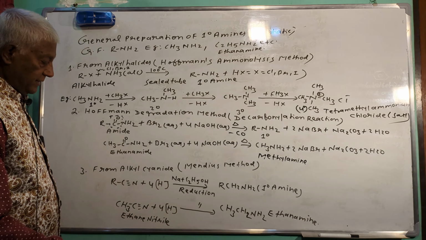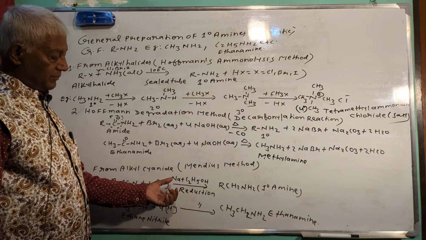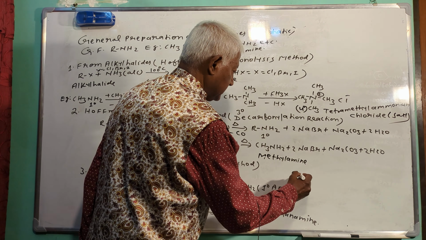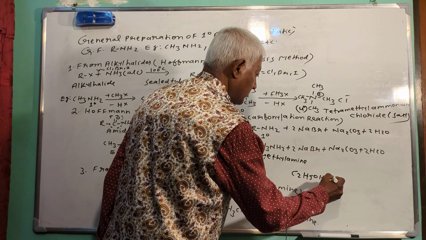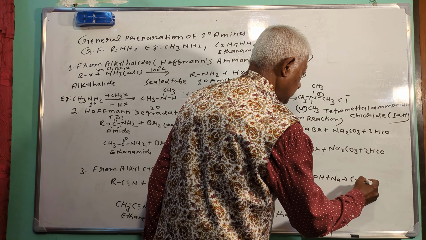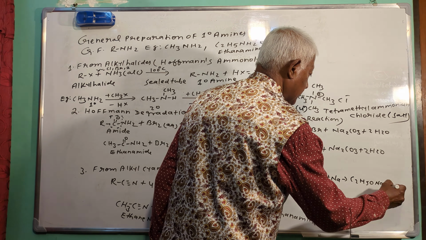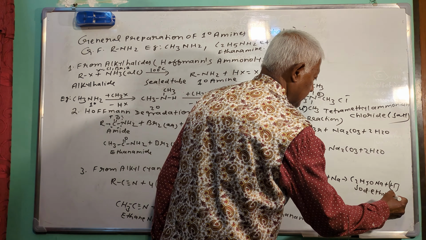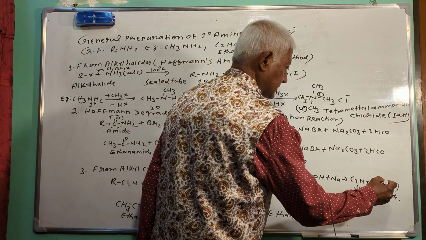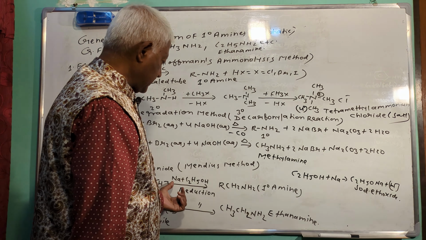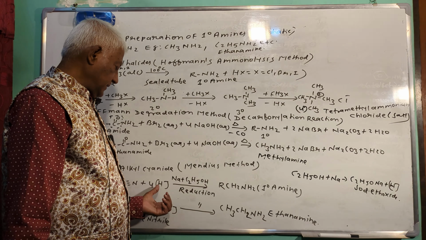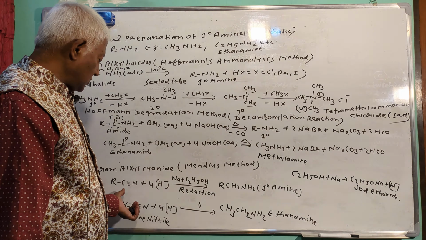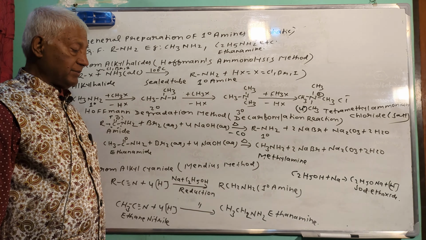The nascent hydrogen comes from the reaction of sodium and ethyl alcohol: C2H5OH plus Na gives C2H5ONa, known as sodium ethoxide, plus nascent hydrogen. That nascent hydrogen reduces the alkyl cyanide, carbon is reduced, nitrogen is reduced, and we get primary amine.